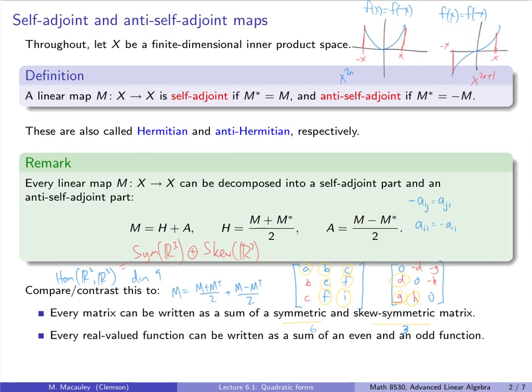Now, given a real valued function, which does not have to be continuous, differentiable, even piecewise continuous, or anything, just any function defined on the real line, we can write it as (f of x plus f of negative x) over 2, plus (f of x minus f of negative x) over 2. It's clear that we have equality here, and it's also clear that the first is even and the second is odd.